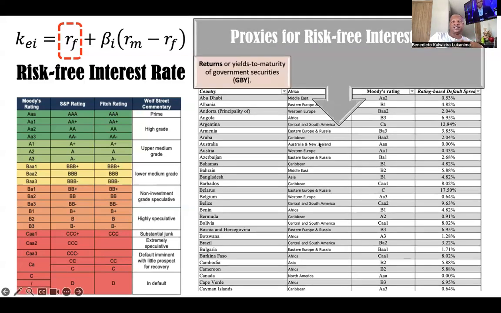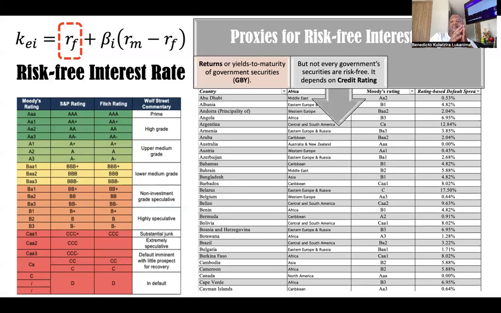So we use the returns or yields to maturity of government bonds, and we should note that not every government bond is risk-free. It will depend on credit rating, and to be risk-free, adjustments for default spread must be made. That is the point to note.